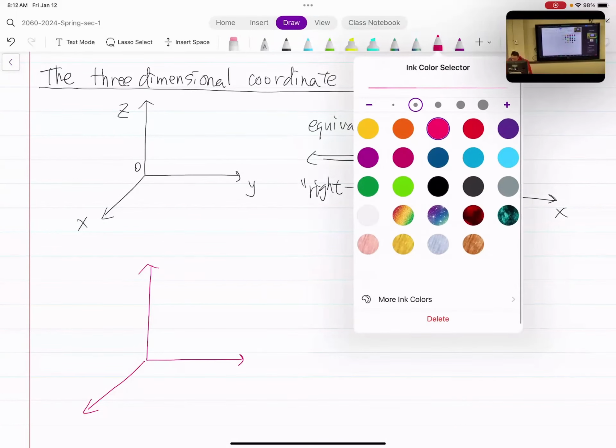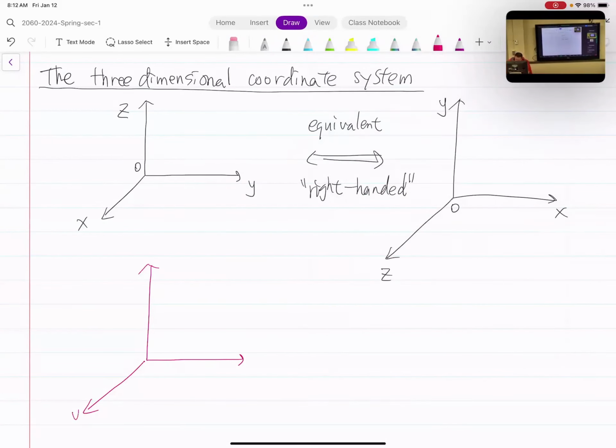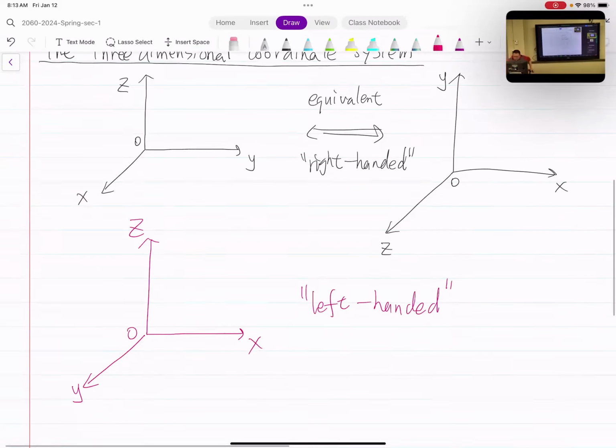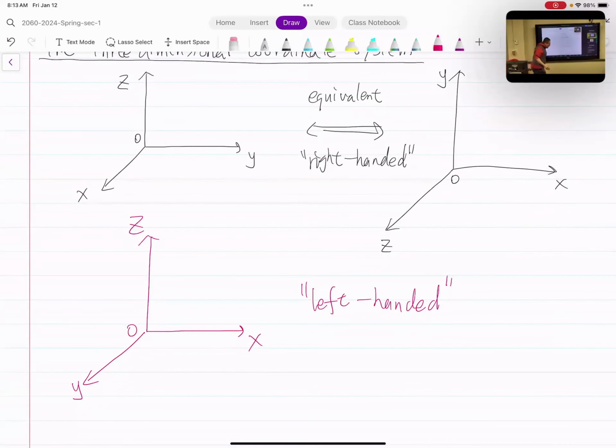So this one, if you have y-axis here, x-axis here, and z-axis here, this is actually a left-handed system. Because let's try this. Let's follow the right-hand rule again, and see if we can get this axis system.